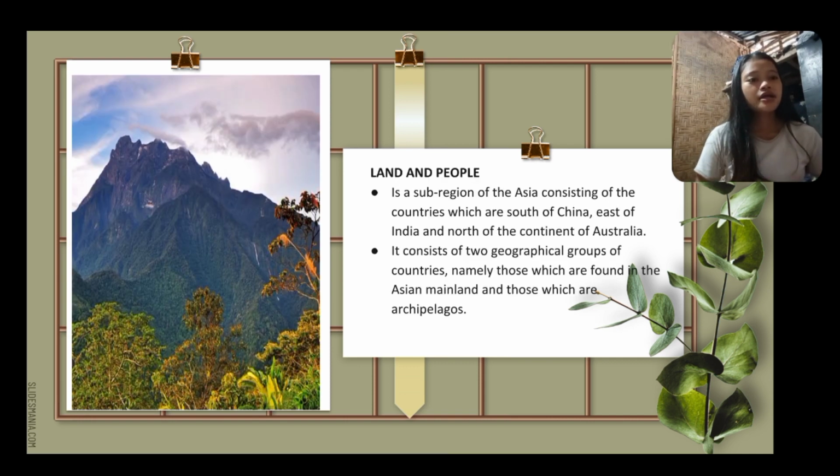Now let's go on to the land and people. Southeast Asia is a sub-region of Asia consisting of the countries which are south of China, east of India, and north of the continent of Australia. It consists of two geographical groups of countries, namely those found on the Asian mainland and those which are archipelagos.